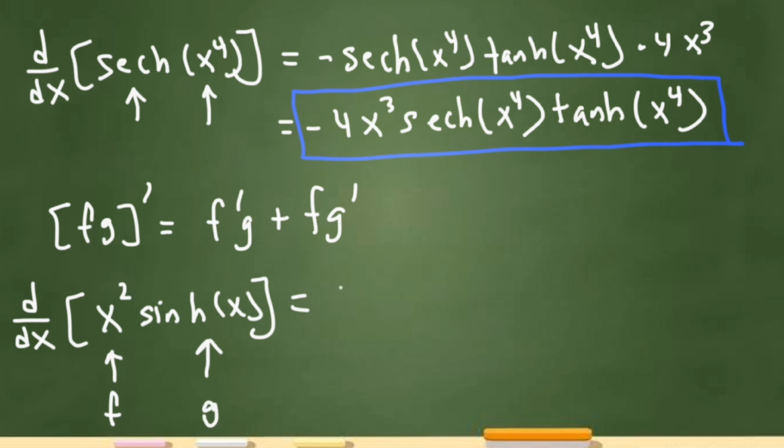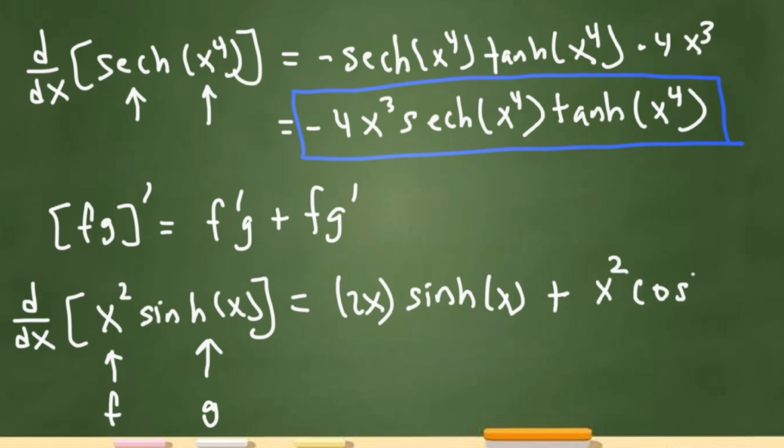So f prime, the derivative of x squared, is 2x, times g, which we'll keep the same, plus f, which is just x squared, times g prime, which is hyperbolic cosine of x. So that is the answer for the second practice problem.